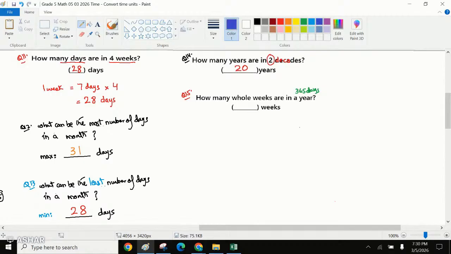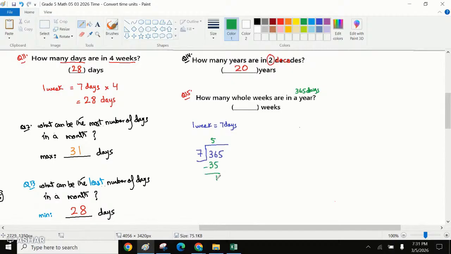See, what we can say is 1 week is 7 days, right? So if 365 was divided by 7. 7 times 5 is 35.